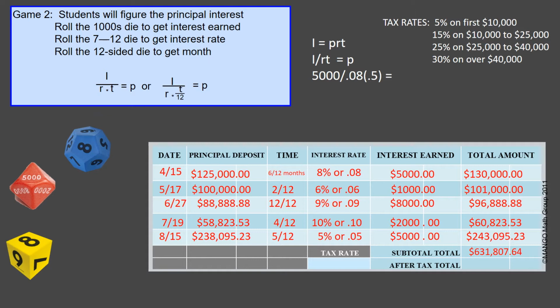So $1,000 off of a short amount of time, we had to obviously invest a lot of money to begin with. So we're going to go through the same process of adding that up, coming up with our tax rate, and subtracting that tax from our total amount to come up with our amount after taxes. Once again, it's a very simplistic way to get kids to understand how the interest rates are applied and how we figure out that amount.